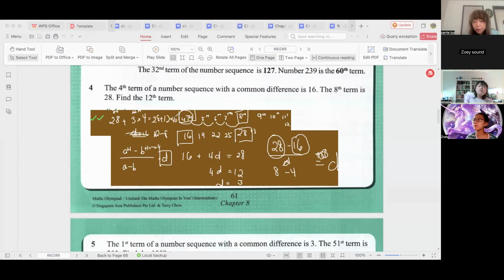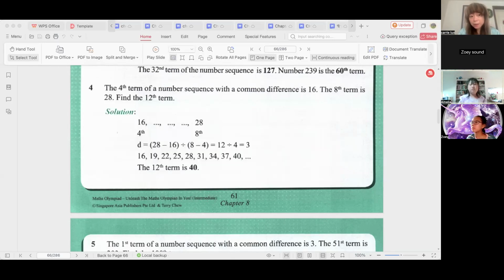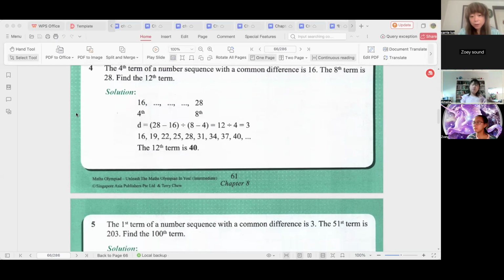Correct, Zoe? Okay, we can always start with the 4th term as well. So 16 plus how many terms are there? 12 minus 4, times 3. So the answer is 16 plus 24. We still get the same answer, 40. Get it, Zoe and Amelia? Okay, let's take a look at the next one.